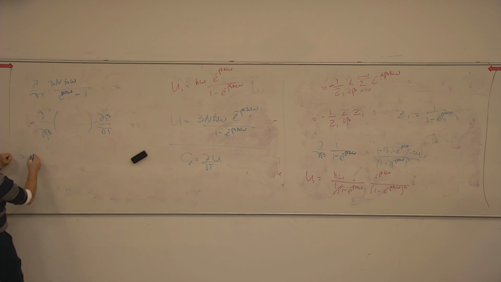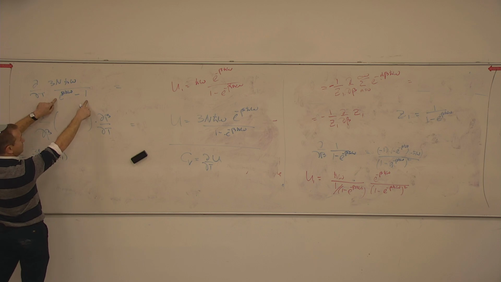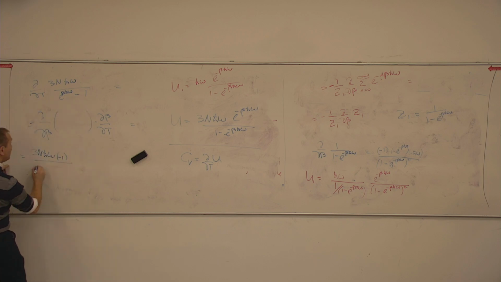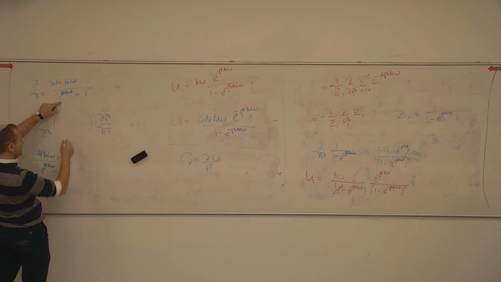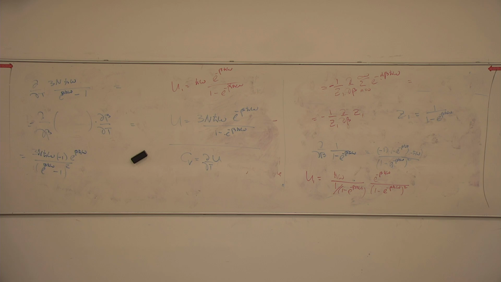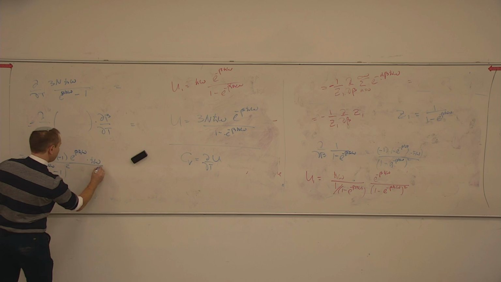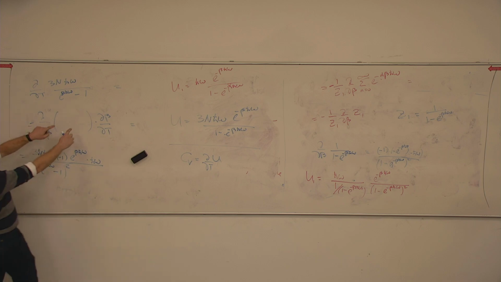The derivative of this guy: we have 3n h bar omega multiplied by minus 1 over e to the power beta h bar omega minus 1, to the power of 2, multiplied by the inner derivative, which is e to the power beta h bar omega, multiplied by h bar omega. So this is this part.